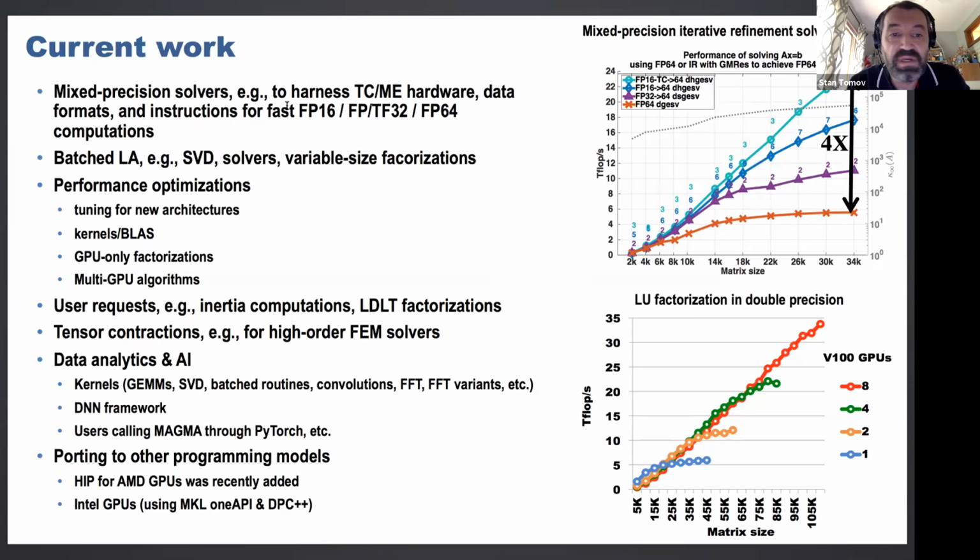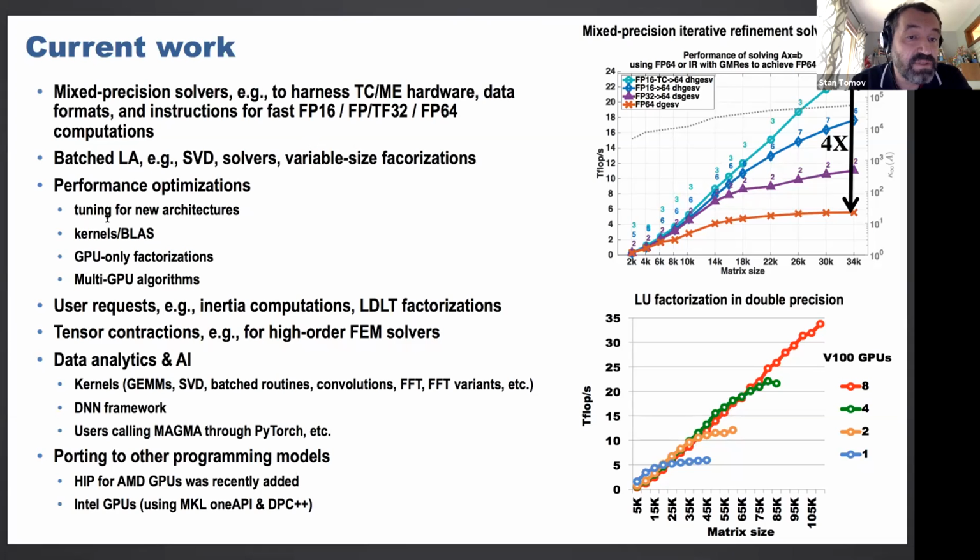And I will show a graph in a second about that. Other current work that is getting incorporated now is batch linear algebra. For example, we are adding batched SVDs. Recently, we added variable size factorizations like LU and solvers around that.